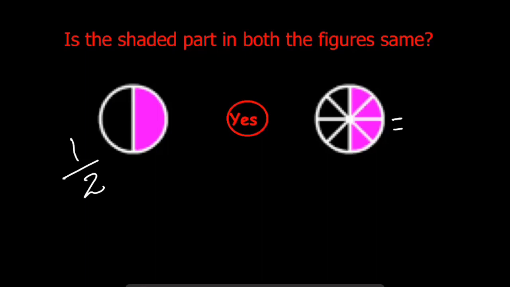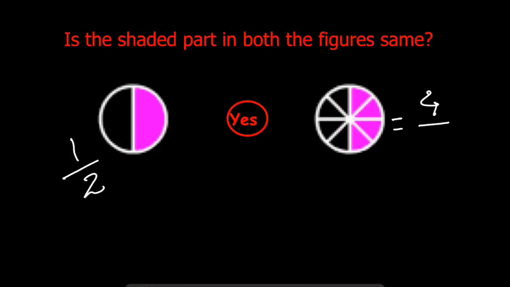Similarly here, what is the fraction? The shaded number of portions is 1, 2, 3, 4. So in the numerator we write 4. And what will come in the denominator? The total number of equal parts. 4, 1, 2, 3, 4. 4 plus 4, 8.